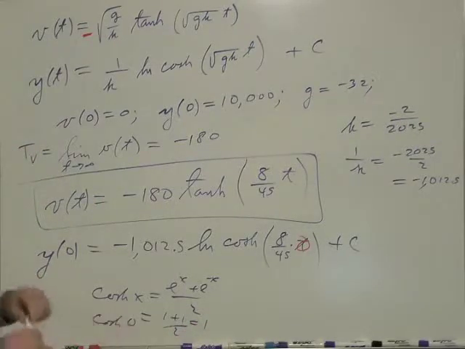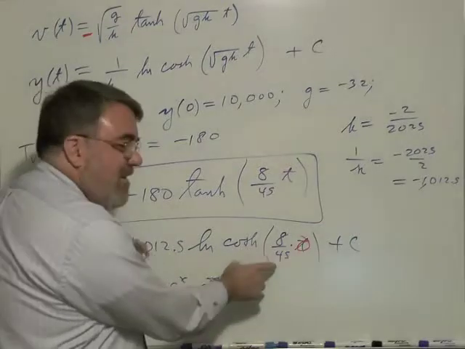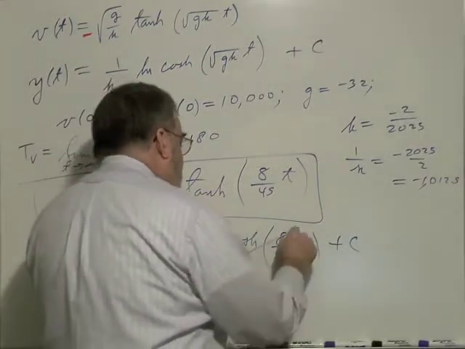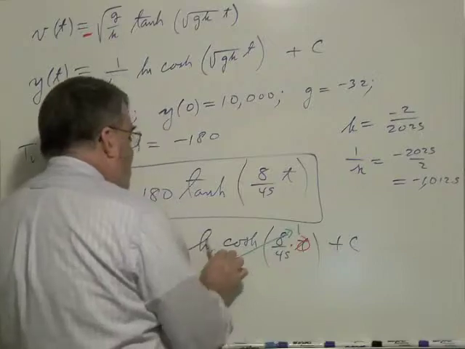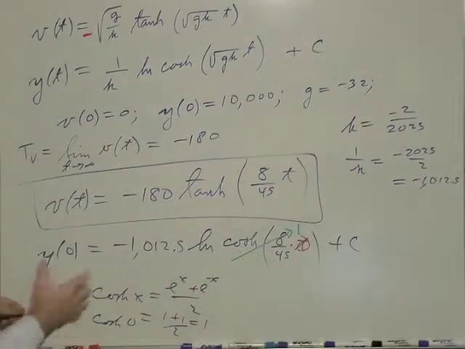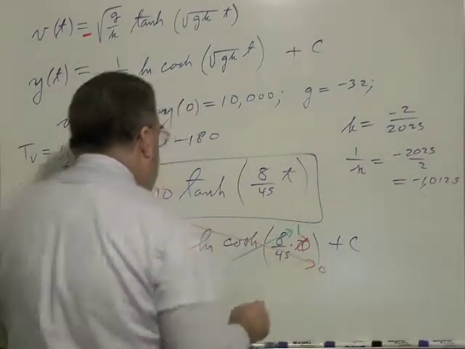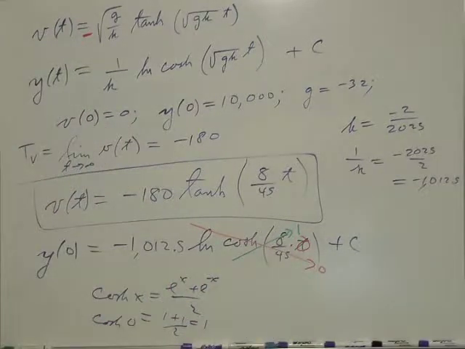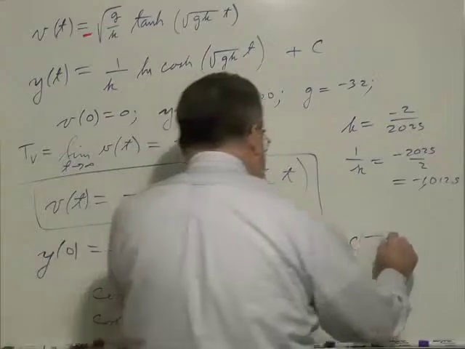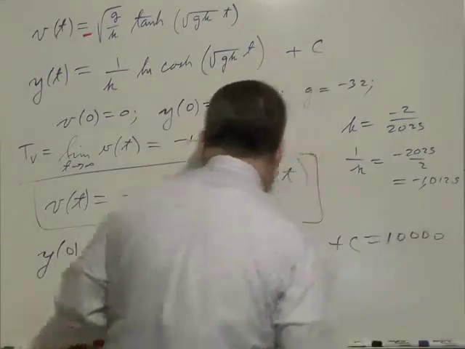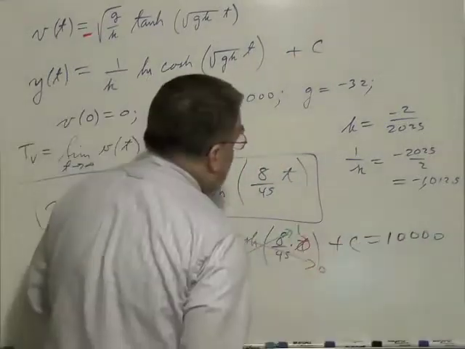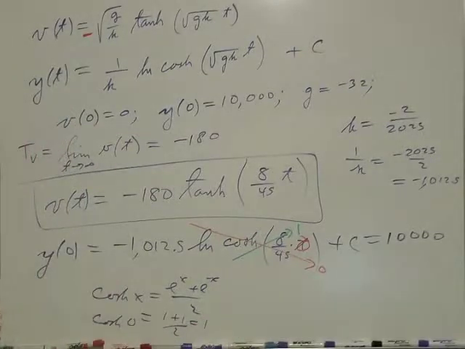So when I plug 0 in, I'm getting the cosh of 0, which is 1, but the natural log of 1 is 0, isn't it? So all this natural log business goes to 0, and since the initial altitude is 10,000, then this part's 0, c is equal to 10,000. So it turns out that my constant c is 10,000.